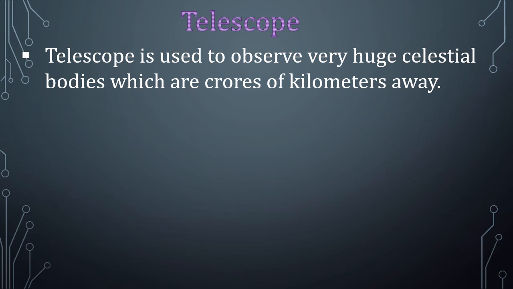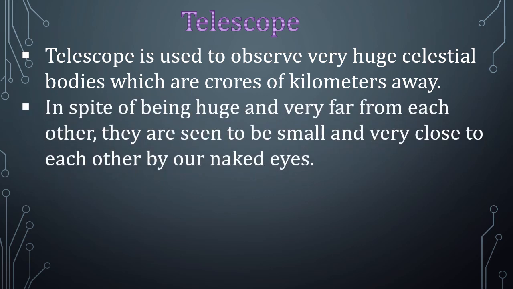Now let us consider that we have two stars which are very huge, as well as very far away from each other. But when we observe these stars through our naked eyes, we will find that these two stars are very small in size, as well as very close to each other.